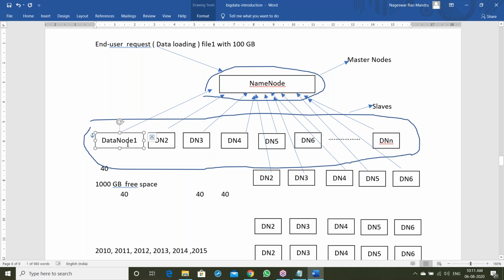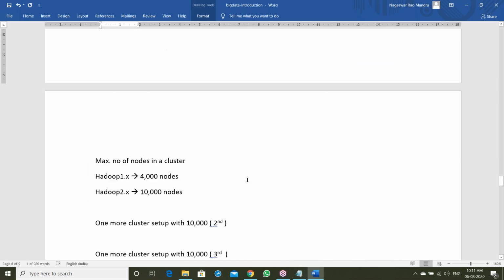If it stores on a single system, what happens? That becomes like a traditional system.